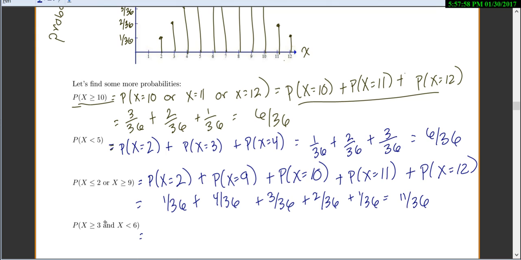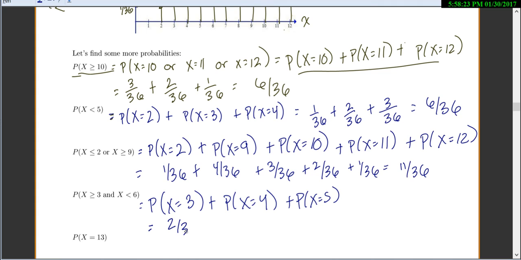So for x to be greater than or equal to 3 and less than 6, what outcomes actually satisfy that? What numbers fall into that range? We could have a 3 or a 4 or a 5. So x equals 3, x equals 4, x equals 5.